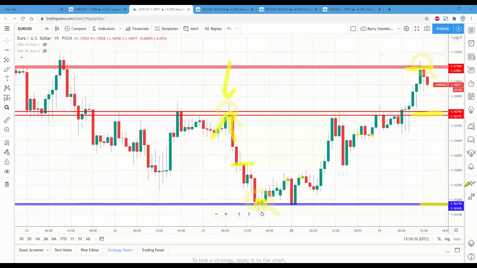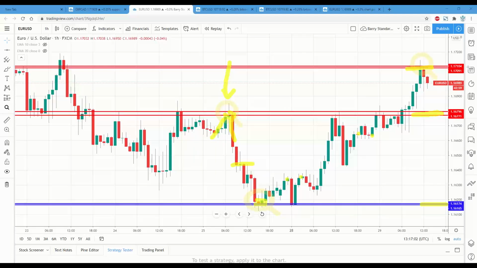Now, what we have here is the only time in this strategy that this is important, because otherwise the strategy has no value. This setup is of no use to you except when it happens here. When it doesn't happen on your support and resistance area, it could be a valid trade of some sort.